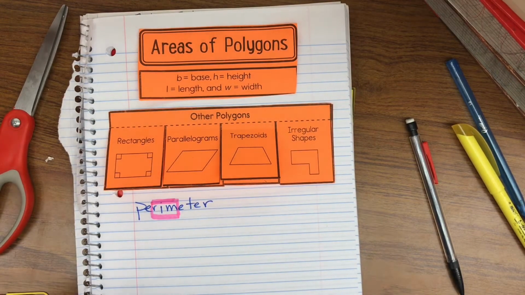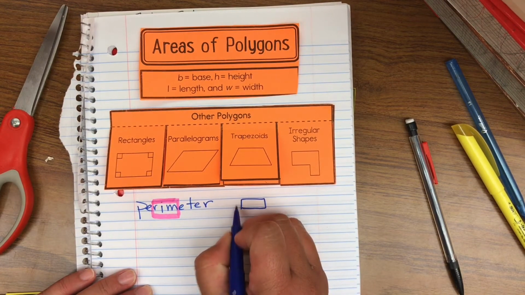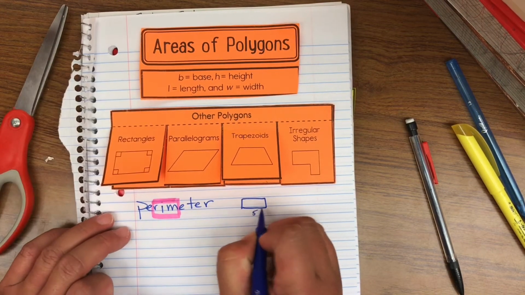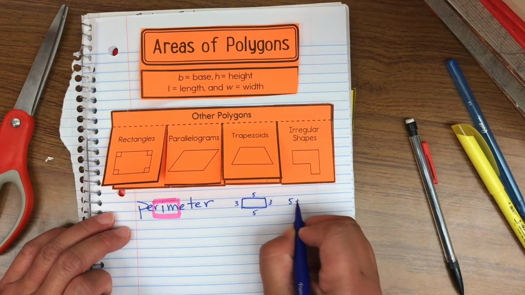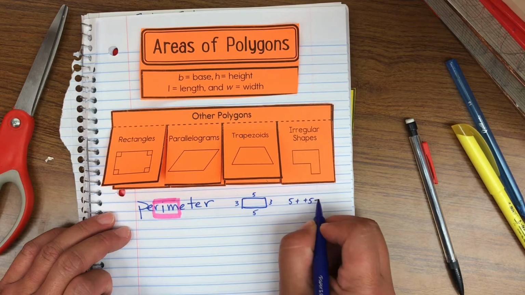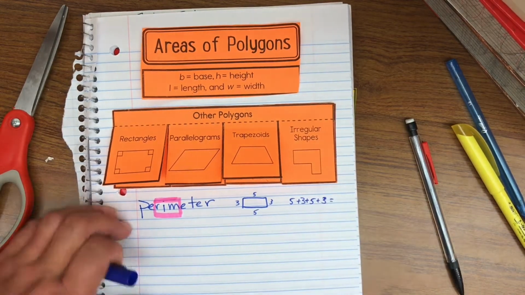So if you're talking about a rectangle, and the rectangle is, let's use this one, 5 and 3, then I know this is 5 and 3. You would just add up each side to find the perimeter.